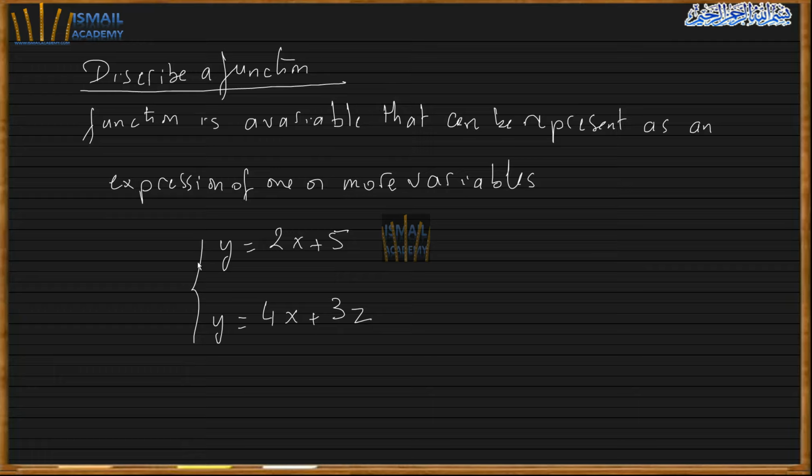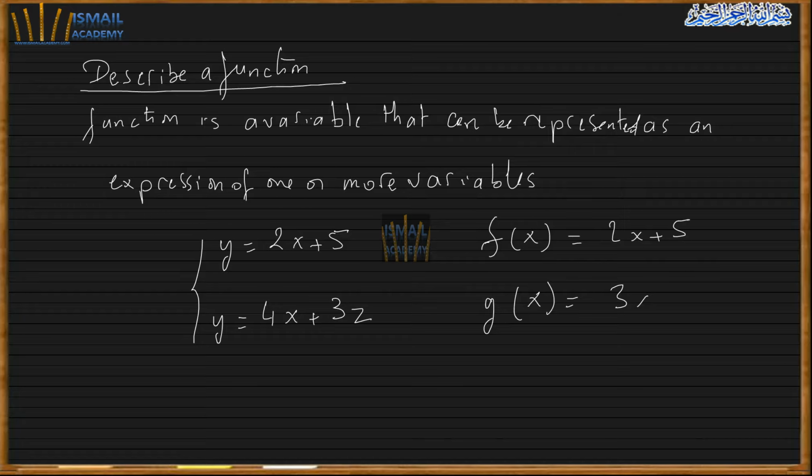So this is how we can describe it. A function is a variable that can be represented as an expression of one or more variables. And sometimes we represent the function in this format: f of x equals x plus 5, or g of x equals 3x.